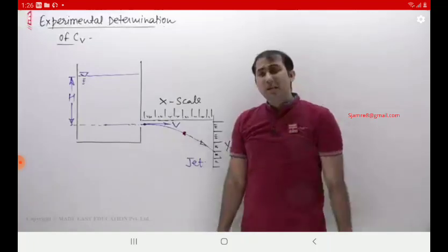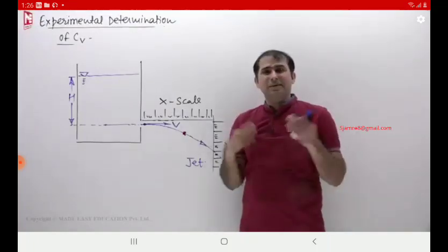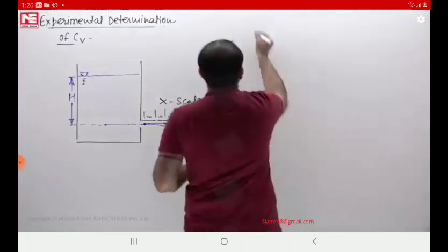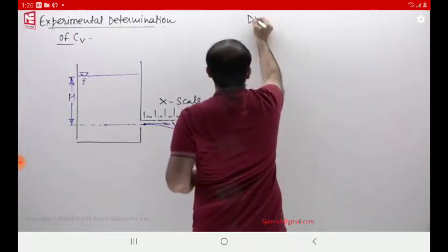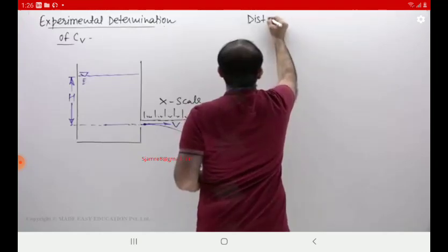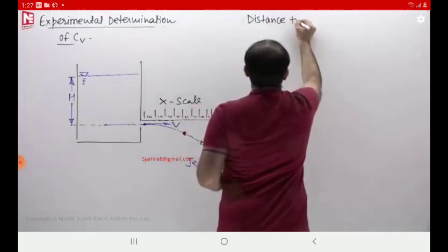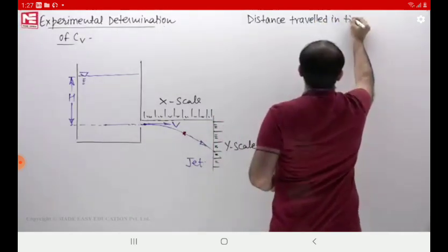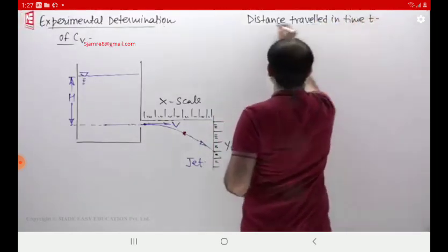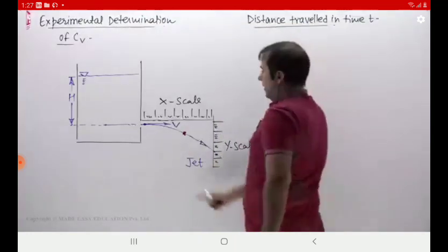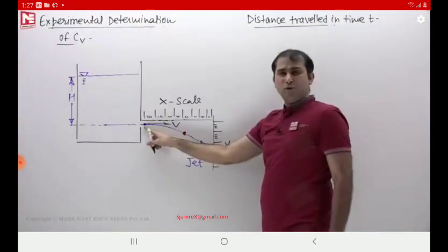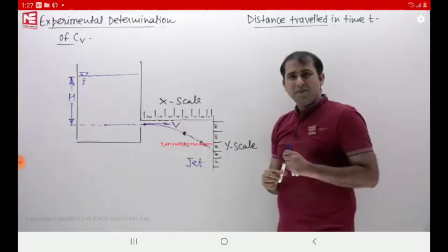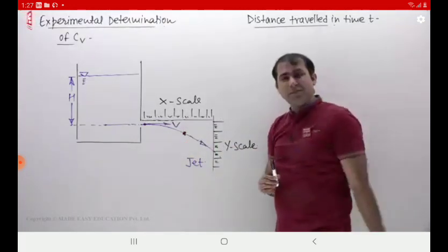Now, point of discussion: what will happen in time t? In time t, what distance is traveled in the x direction as well as in the y direction?